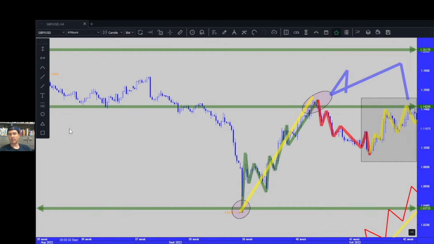From the short-term downtrend, the red downtrend, and the last circle, the market went up, right? It was making higher highs, higher lows.